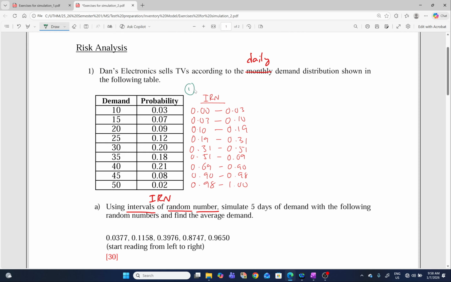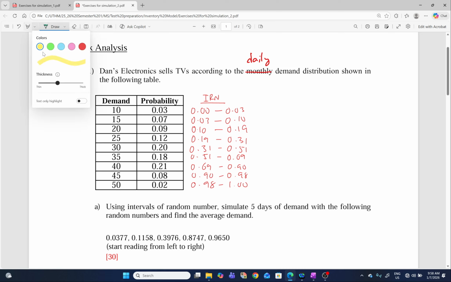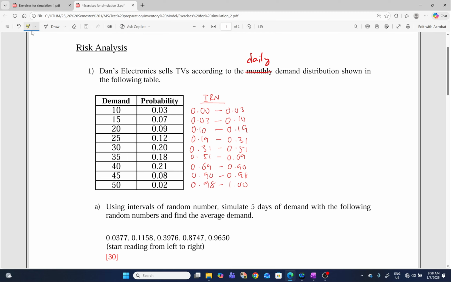This is the first part you have to do, intervals of random number.